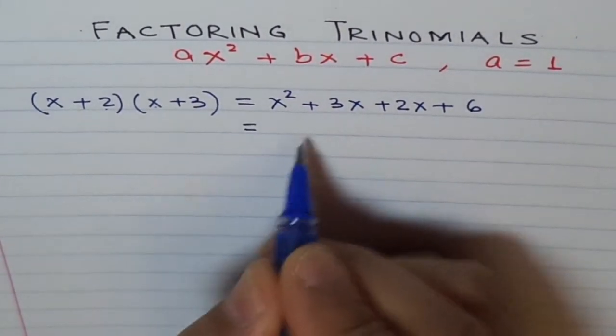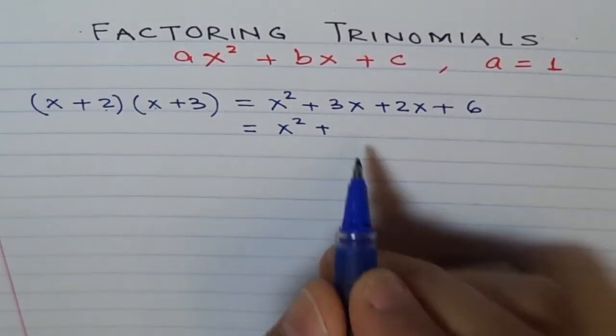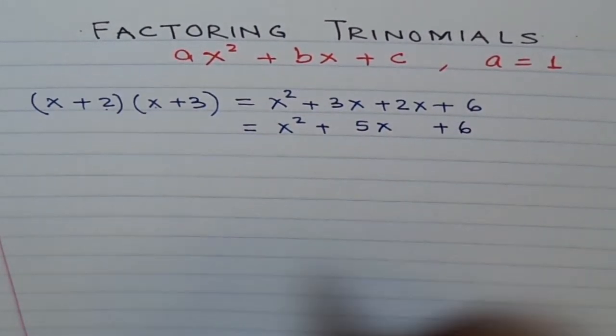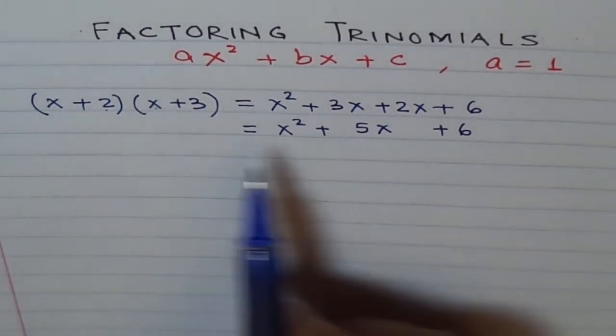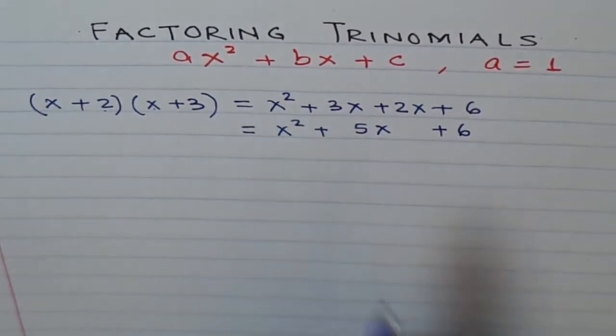And this can be written as x squared plus, when you combine these two middle terms, 5x plus 6.